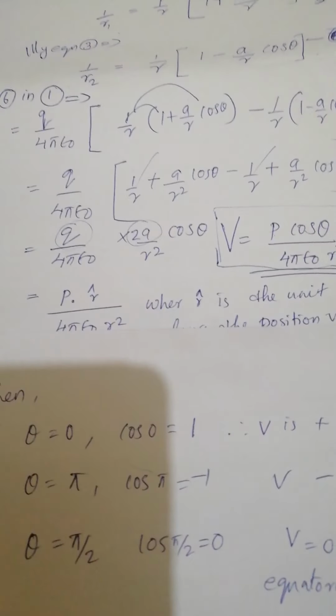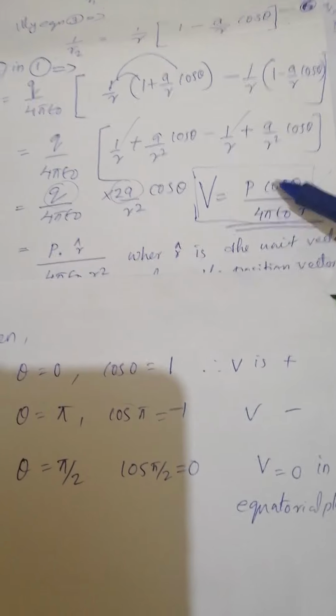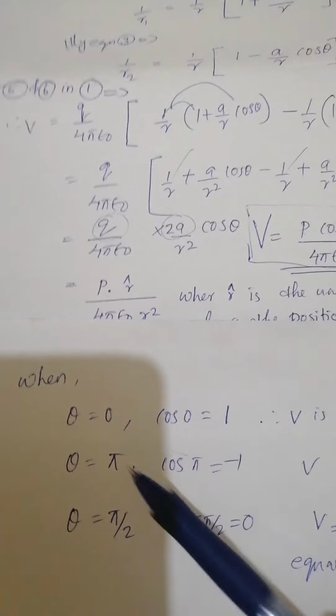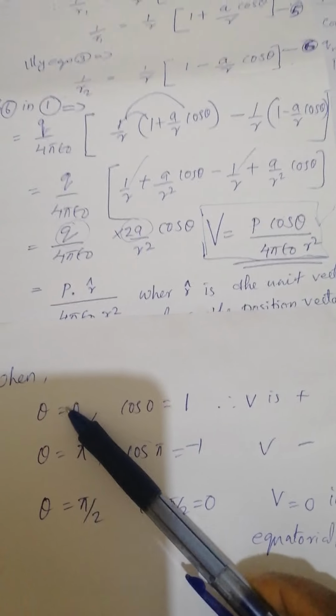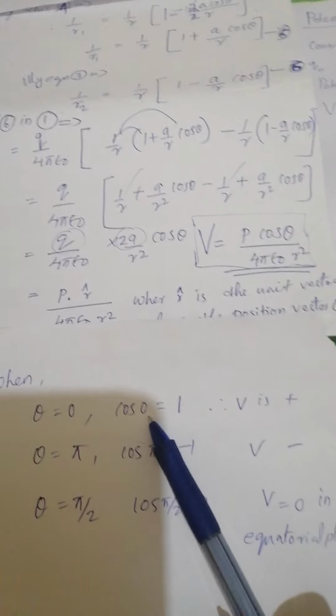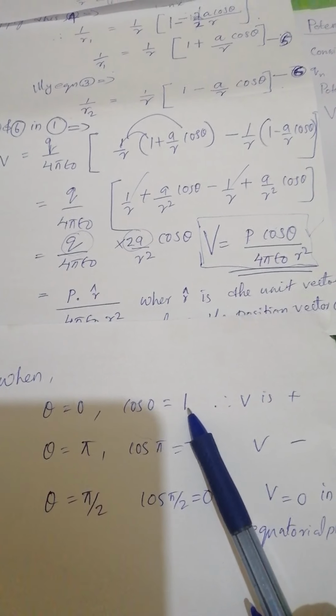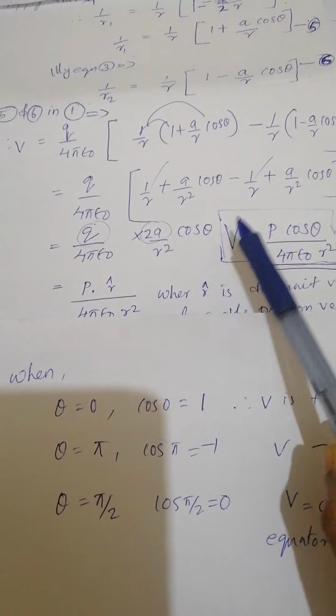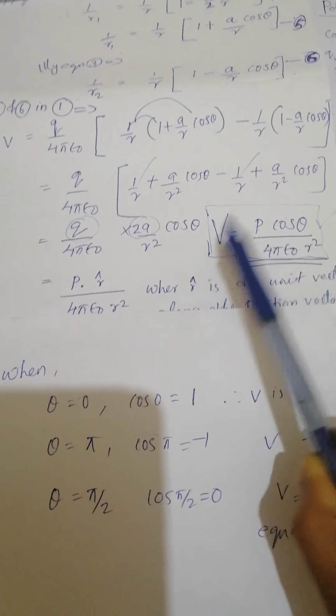And we can put different values of theta in this equation. First case, if theta is 0, then cos 0 is of course 1. And now what will be the value of potential at this point?